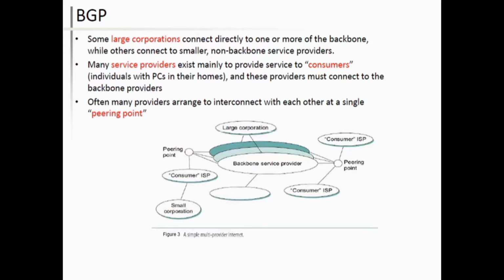Often many providers arrange to interconnect with each other at a single peering point.